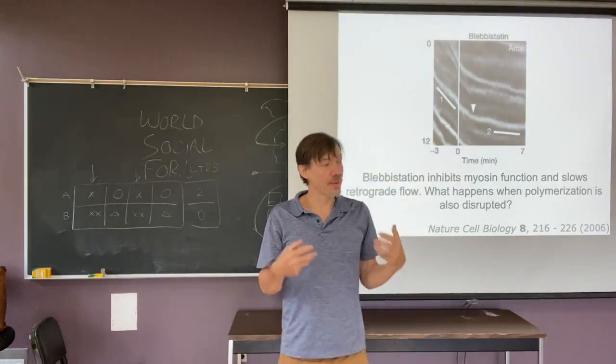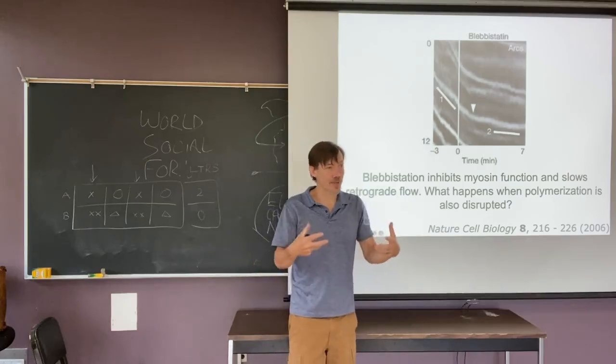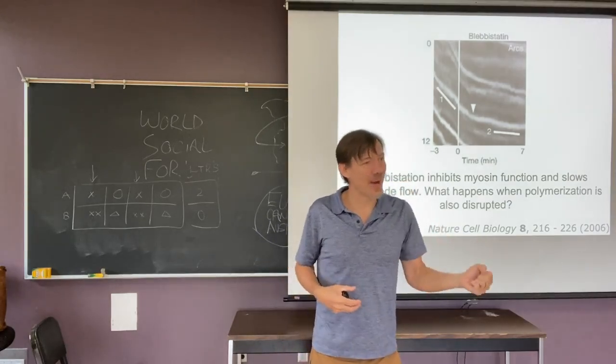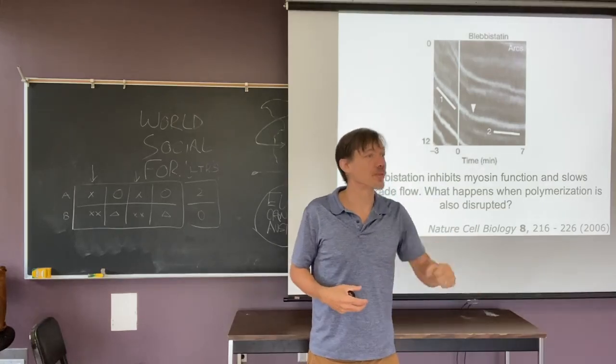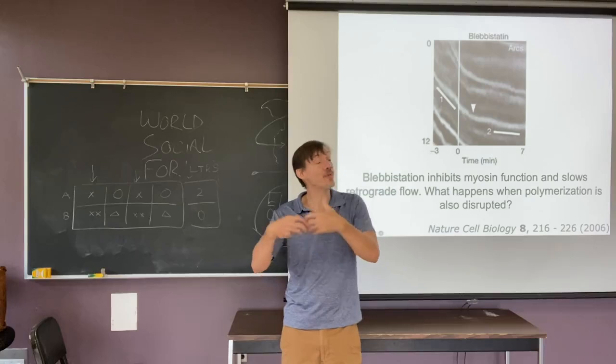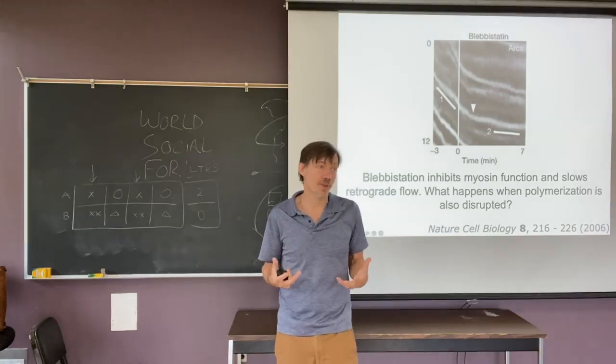But what I'm trying to get at is, you think, okay, you inhibit myosin, you expect it to slow down, so myosin's making a contribution. You inhibit actin polymerization, if it's making a contribution, it should also slow down.